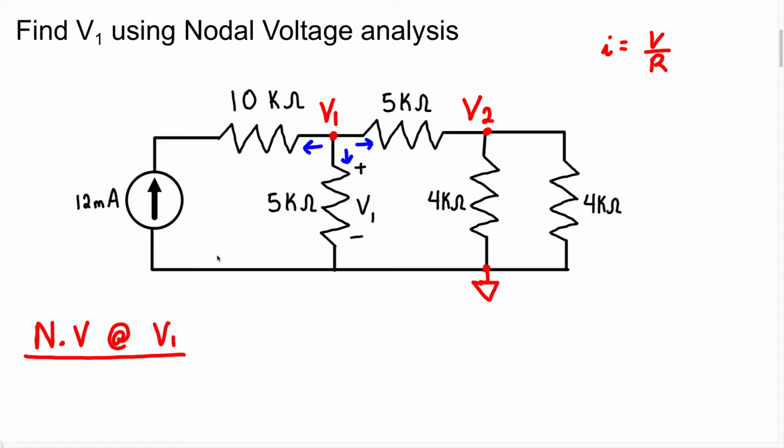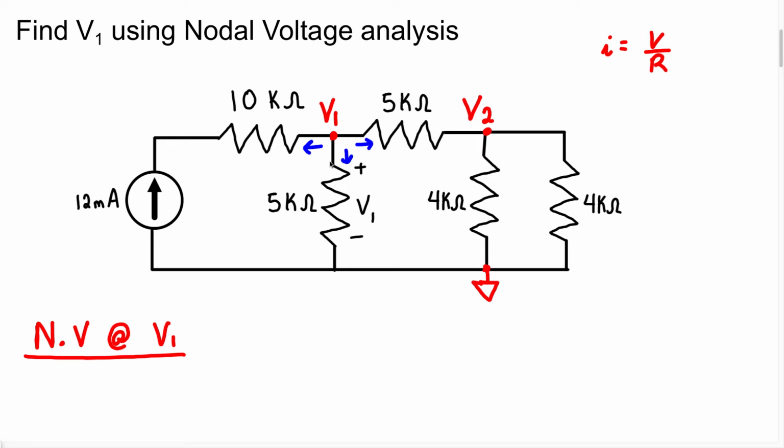Now when we look at this, this one is kind of easy to see. We have a current source in this branch here. So this 12 milliamp of current is going to flow in this direction, and it's going to go through this 10K resistor, and it's going to enter this node here. But because we always assume that the current is going to leave the node, we're just going to write this 12 milliamp of current as a negative current.